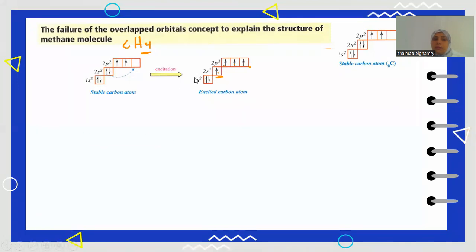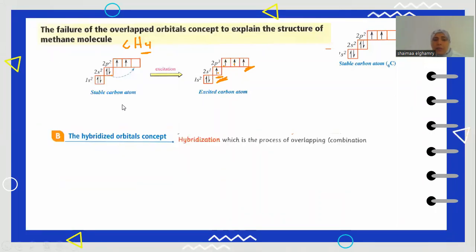So they started to think about what? The hybridized orbital concept. Hybridization will take place between what? Between the 2s sublevel and the 2p sublevel. This hybridization resulted in what? 4 new orbitals with the same energy and the same shape.